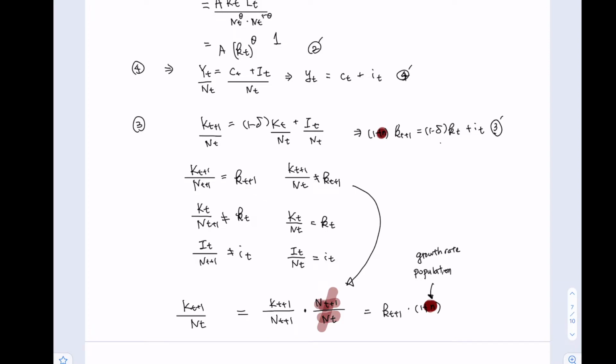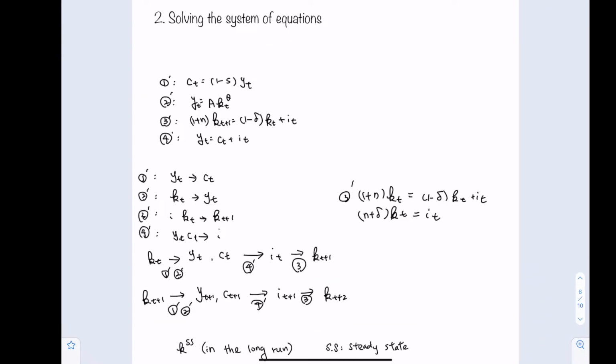Because we drop the n, the equation for the law of motion in aggregated terms and in per capita terms now looks exactly the same. That's the main difference between the model with no population growth and the model with population growth. So after we successfully converted all the equations expressed in aggregated terms into per capita terms, now we want to solve for it.